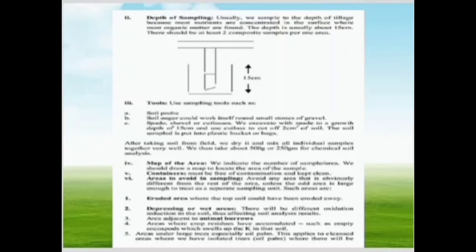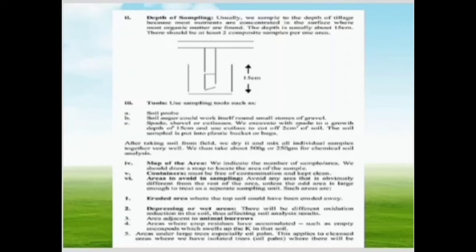Tools: use sampling tools such as a soil probe. Second, a soil auger, which can work itself around small stones or gravel. Third, a spade or shovel. We excavate with a spade to a depth of 15 cm and use a cutlass to cut off 2 cm of soil.